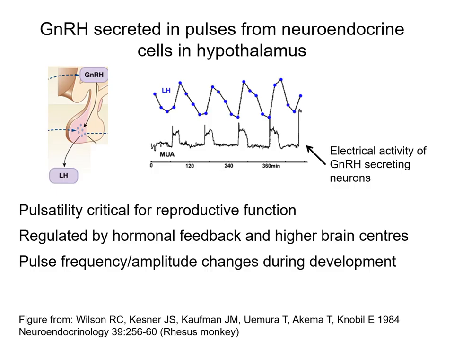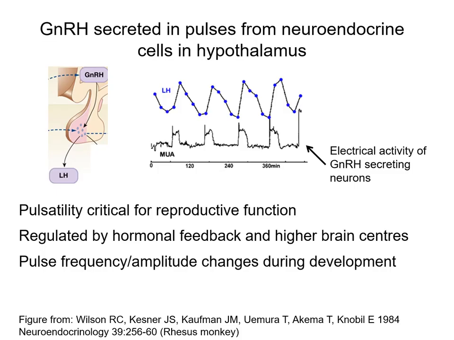And so we see here on this figure the electrical activity, shown in black, of the GnRH secreting neurons. And you'll see that every time there's a spike, we have a corresponding increase in the LH, shown in the blue dots, that is being secreted by the anterior pituitary.